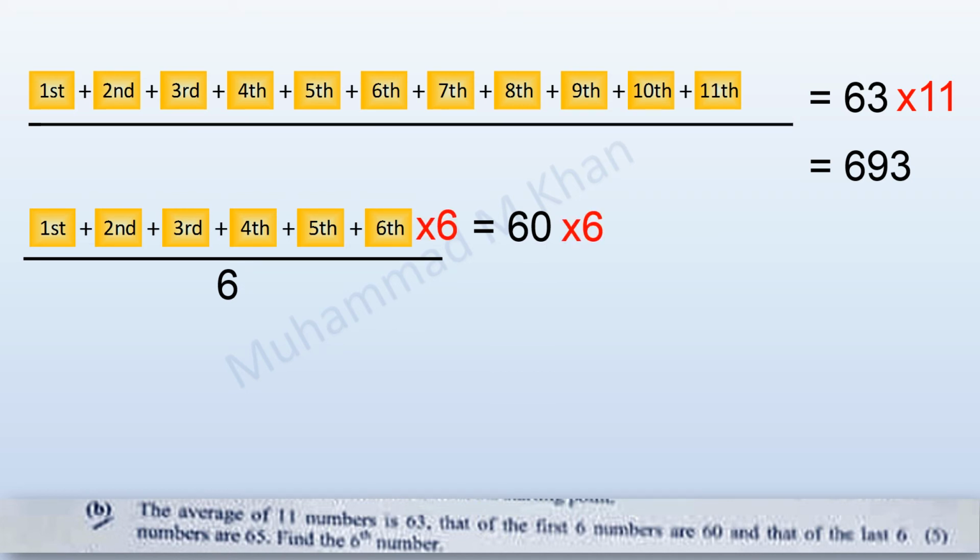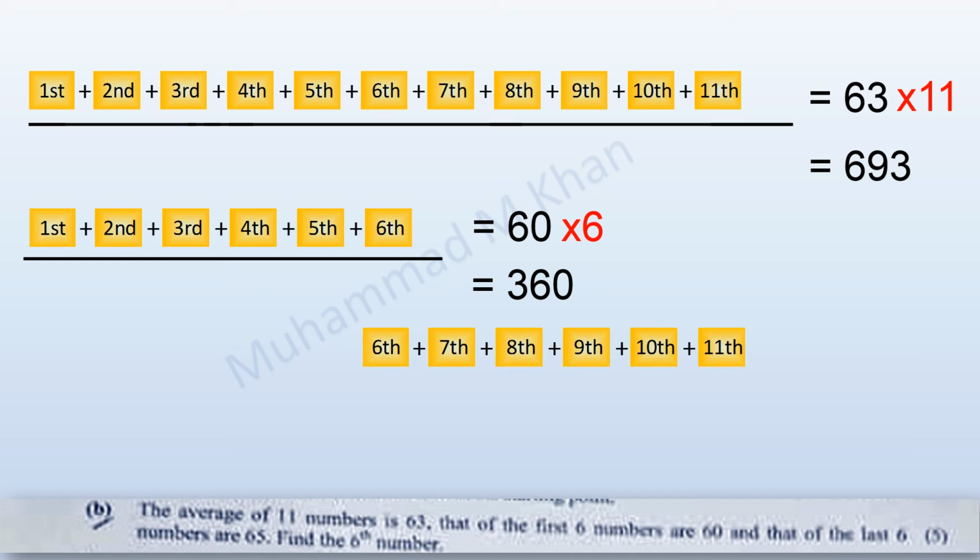Repeating the step that we did in the first equation, we will eliminate 6 from the left hand side and the result is 360. So the sum of the first 6 numbers is 360. And we have been given additional information that the average of the last 6 numbers is 65.